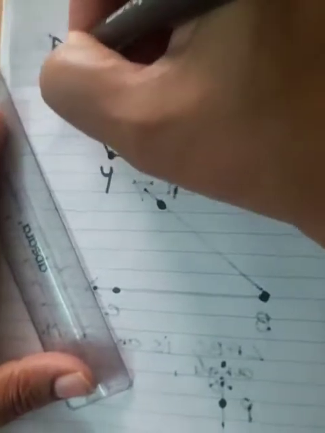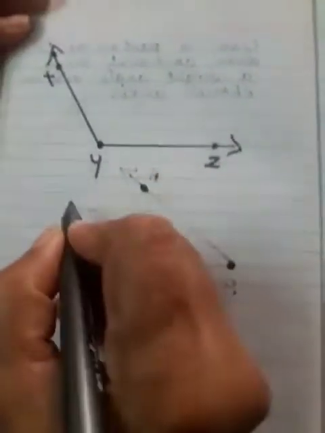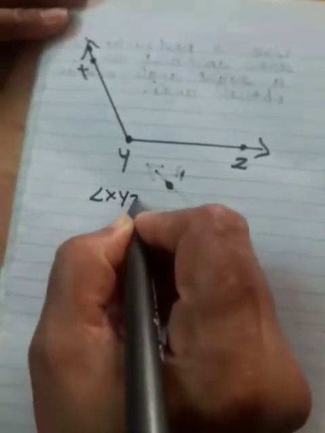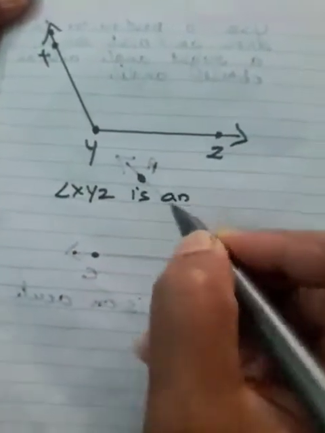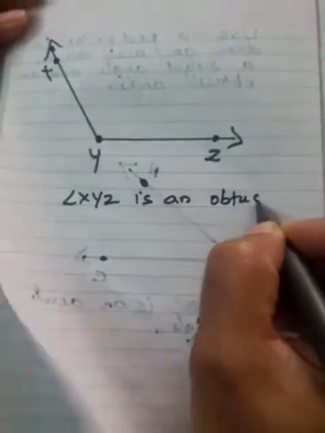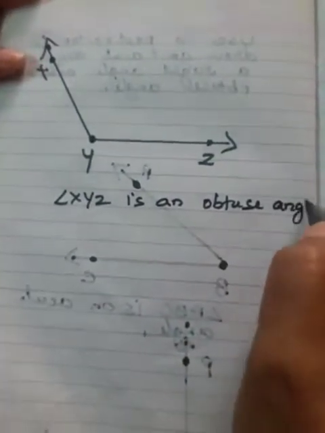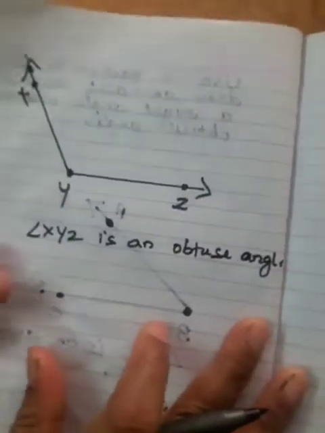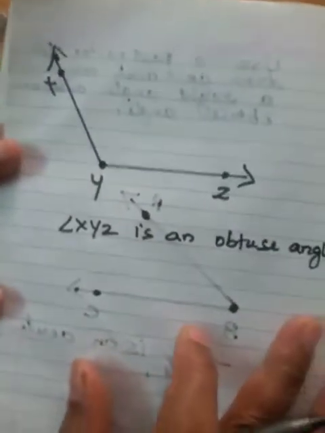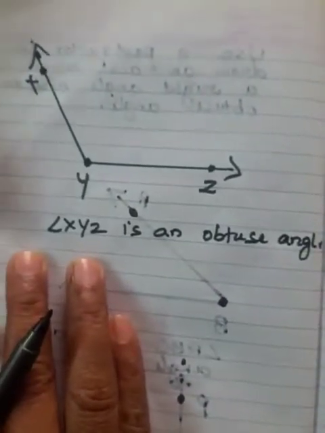So this is X. Okay. Now angle XYZ is formed. So angle XYZ is an obtuse angle. Correct? Understood, students, how to draw an acute angle, obtuse angle and right angle.